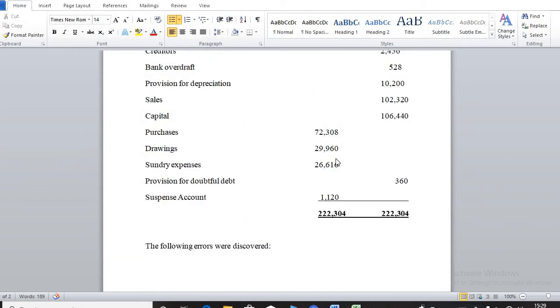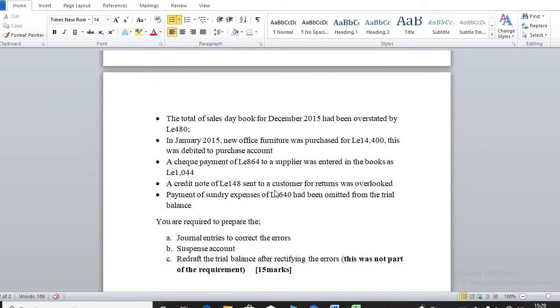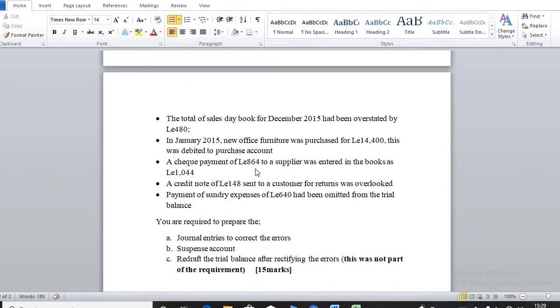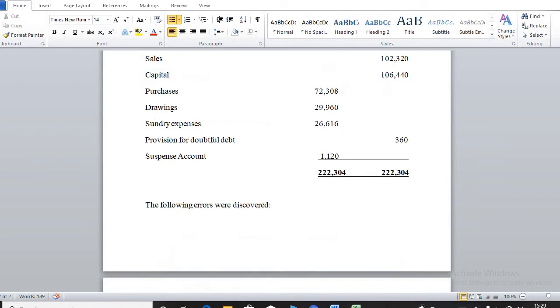So how do you rectify this? You have to just add it back. Because it affects only one account here, sundry expenses, which was recorded in the books but omitted from the trial balance.